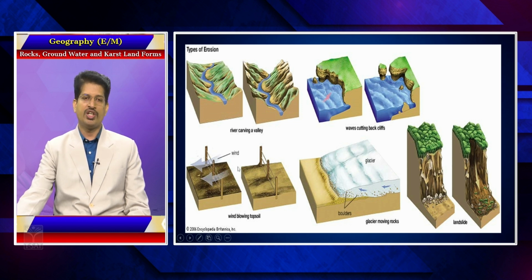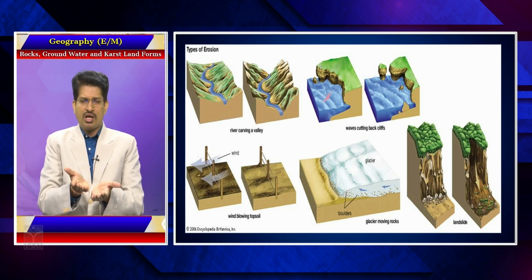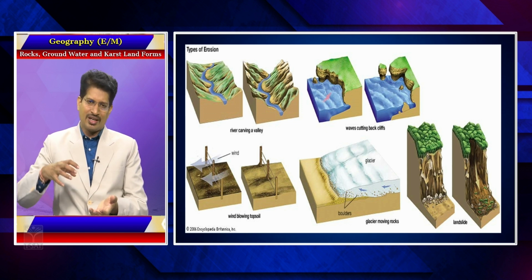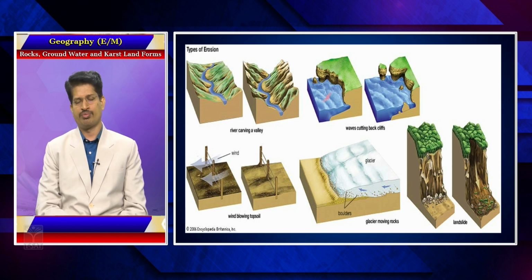For example, when the wind is blowing, wind can carry away sand particles from place to place. Then there is the moving ice in valley glaciers. When the glaciers move from the higher elevated regions because of gravity to the lower valleys, because of the frictional force with the rocks beneath the glacier, the rocks are plucked by the moving glaciers because of their sheer weight and pressure.